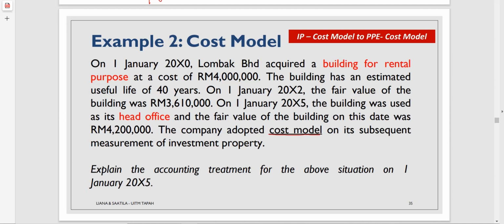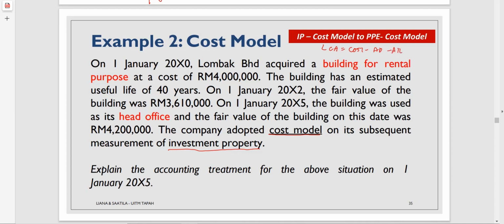It uses the cost model on the subsequent measurement of IP. So the cost model on the subsequent measurement means the IP was shown at the carrying amount of cost minus accumulated depreciation minus accumulated impairment loss, if there is any.